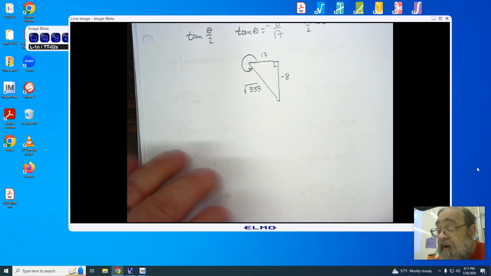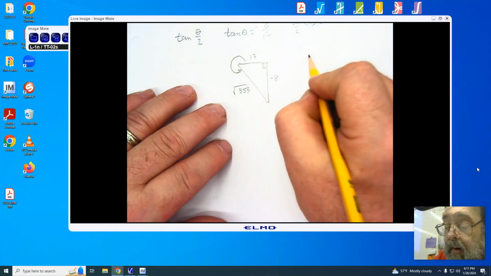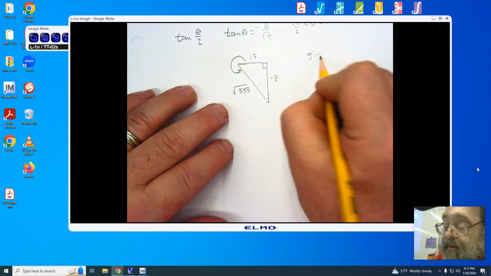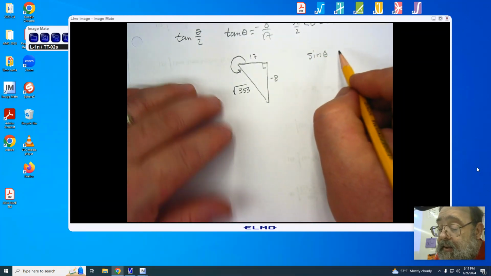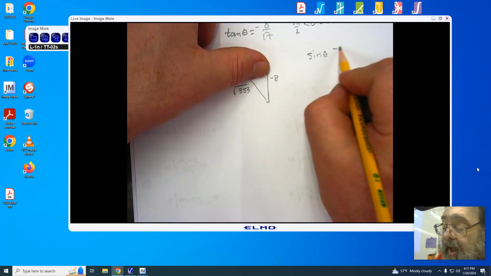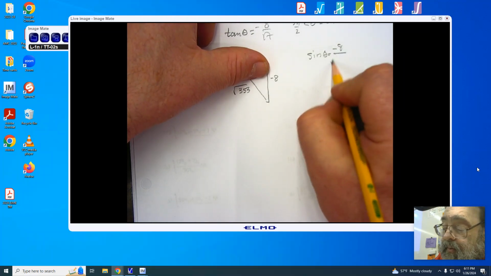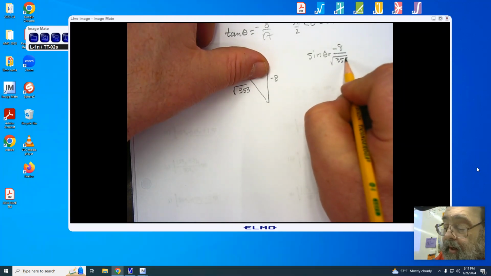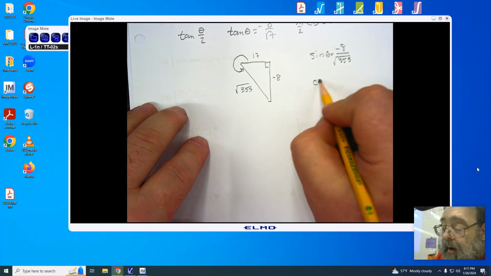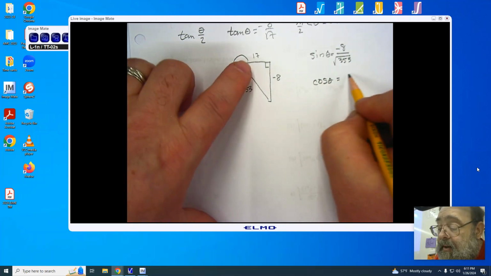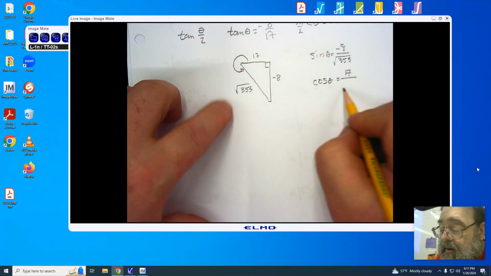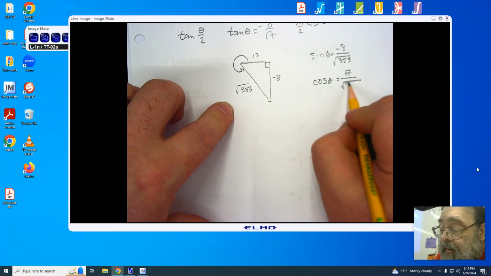I'm now ready to find my sine and cosine. The sine of this angle theta is going to have to be negative 8 over the square root of 353. The cosine of this angle is going to be 17, the adjacent, over the hypotenuse, square root of 353.